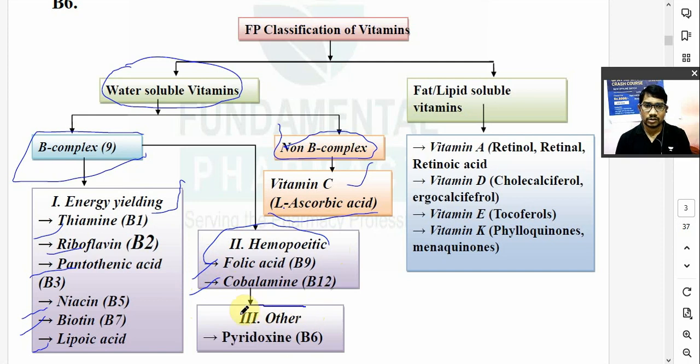Vitamin D is known as cholecalciferol, ergocalciferol. Then vitamin D is known as a cholecalciferol. Its metabolite is known as 25 hydroxycholecalciferol. Okay, that is 25 hydroxycholecalciferol.